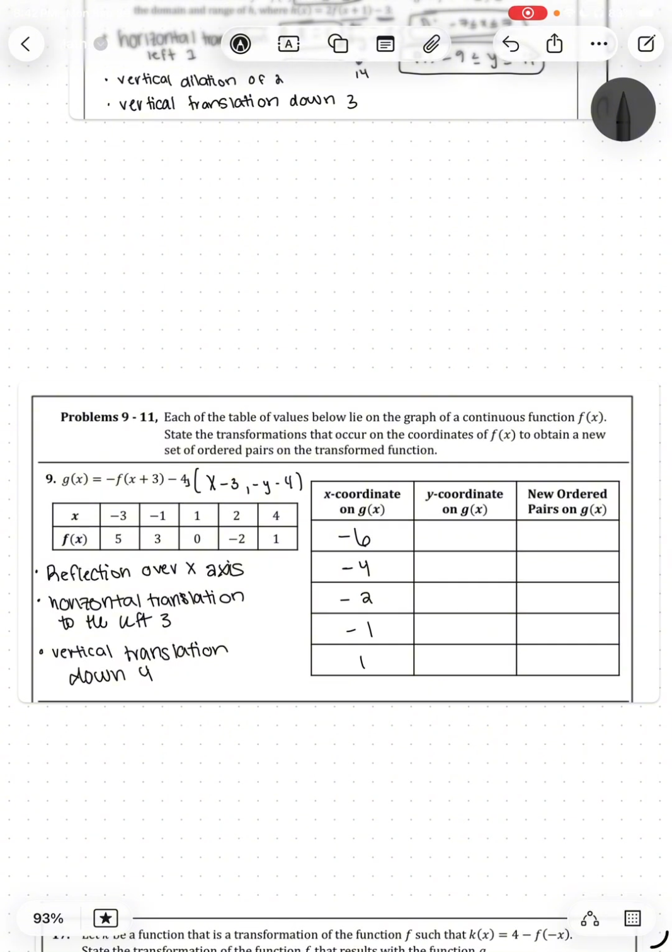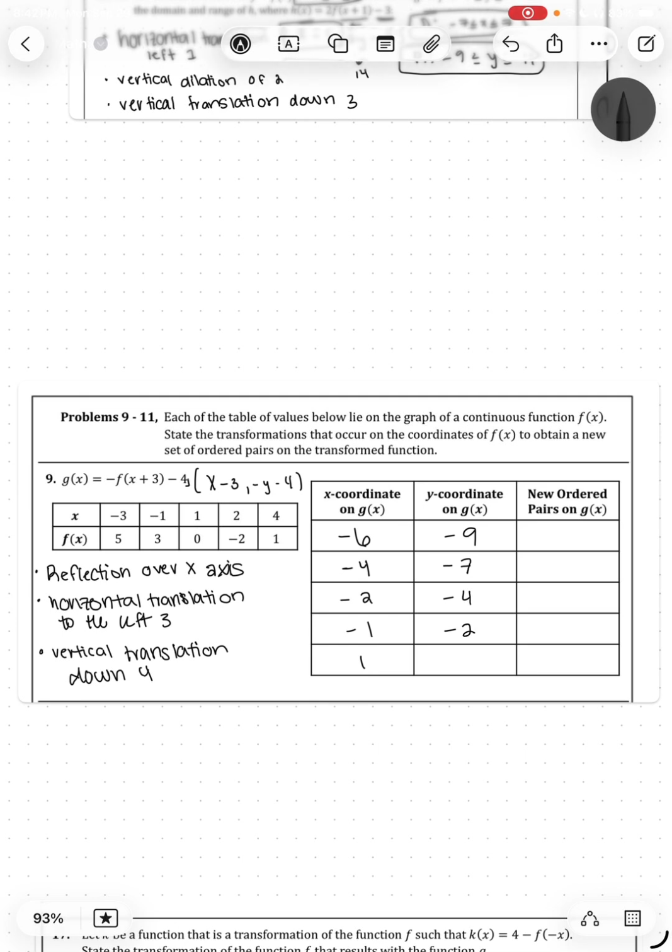Okay, moving on. 5 times -1 is -5 minus 4 is -9. 3 times -1 is -3 minus 4 is -7. 0 times the negative is 0 minus 4 is -4. And then -2 times -1 is +2 minus 4 gives us -2.